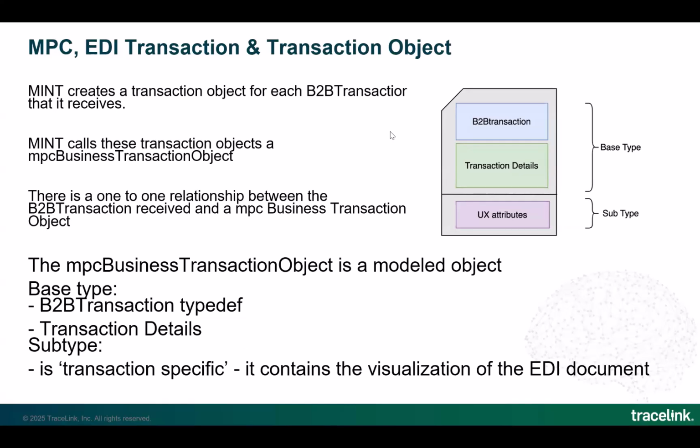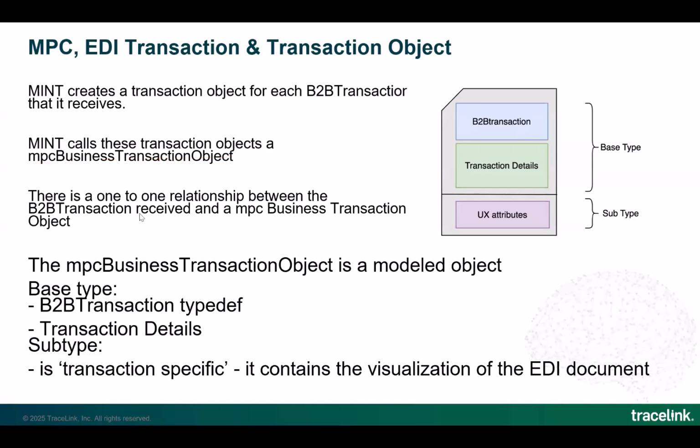So that is a B2B transaction that was done with the system. With every B2B transaction that is done with the system, Mint will create an object, a transaction object, that will be called an MPC business transaction object.